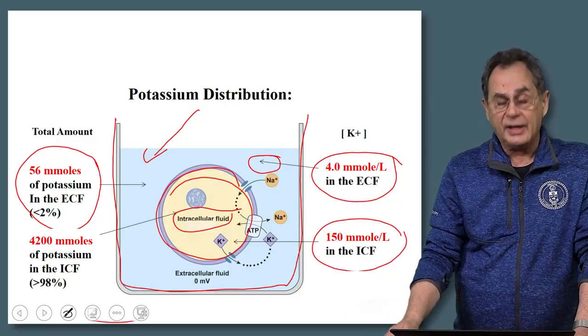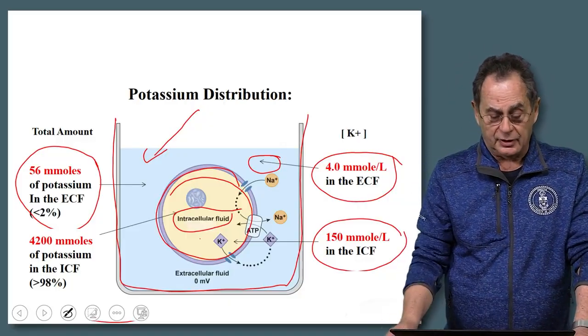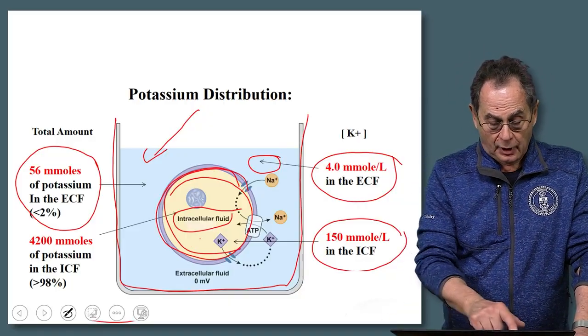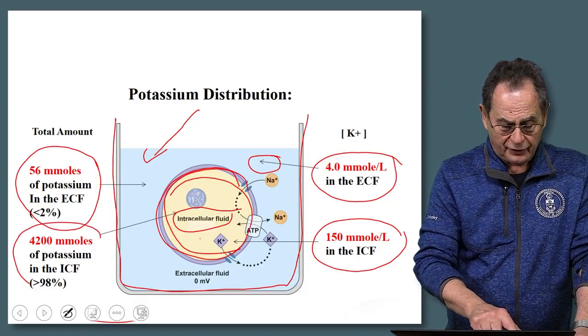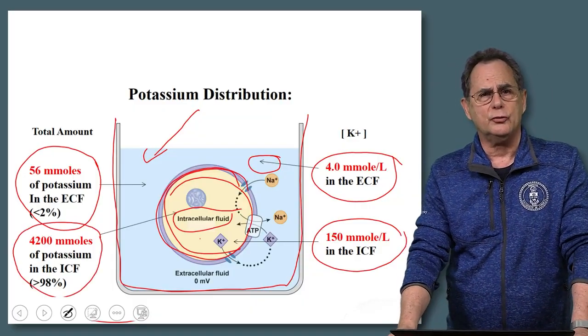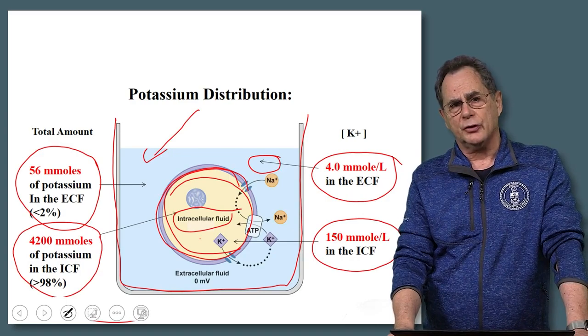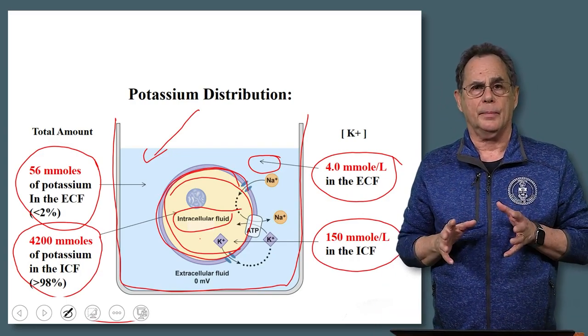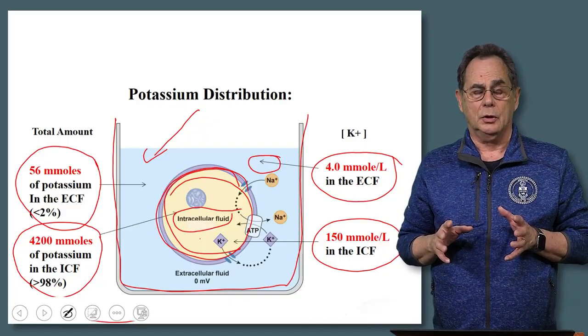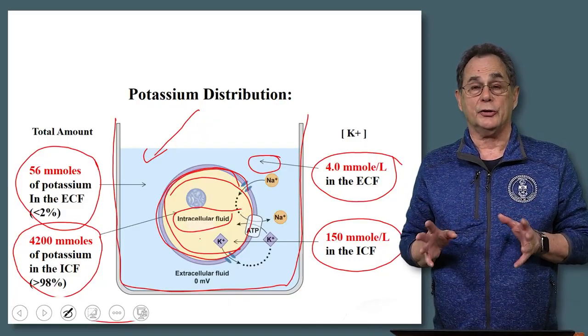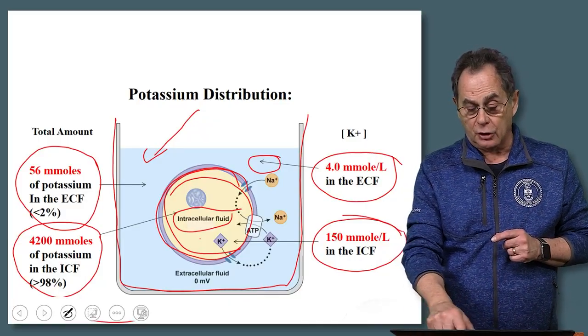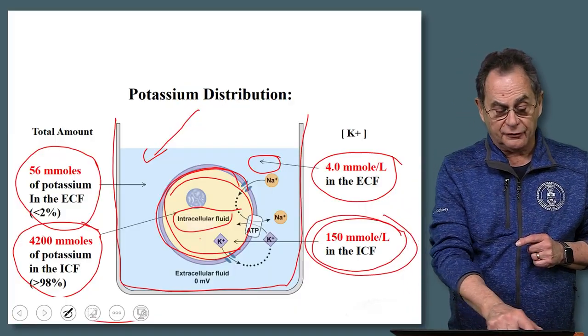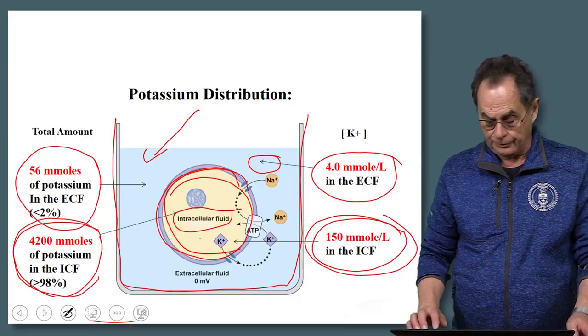And if there are 28 liters within the intracellular space, then 28 times 150 yields 4,200 millimoles in the intracellular space. So in you and I, the vast majority of the potassium resides within the intracellular space, and that's a function of the concentration, and it's a function of the volume.